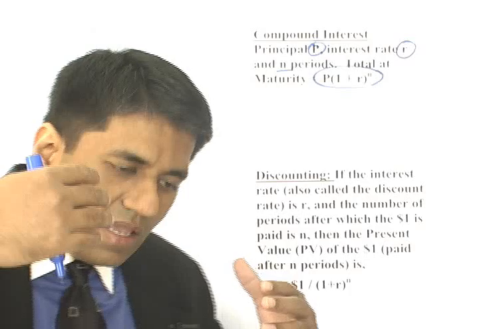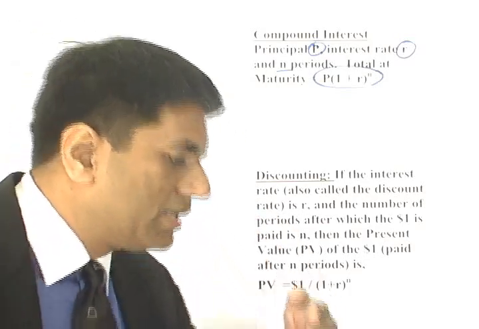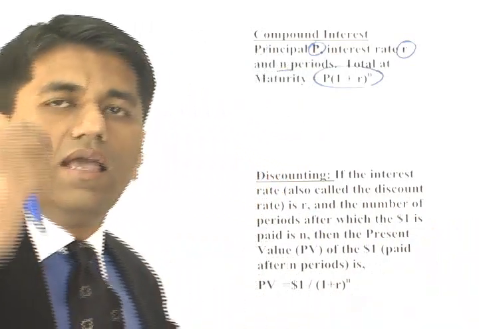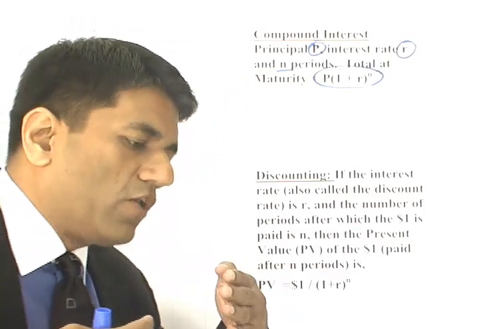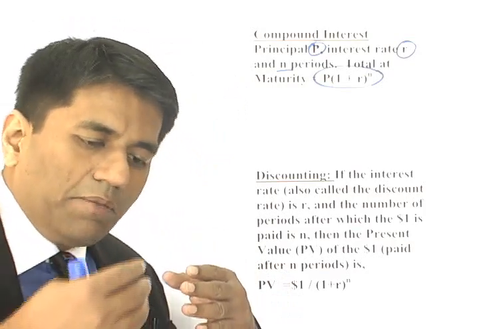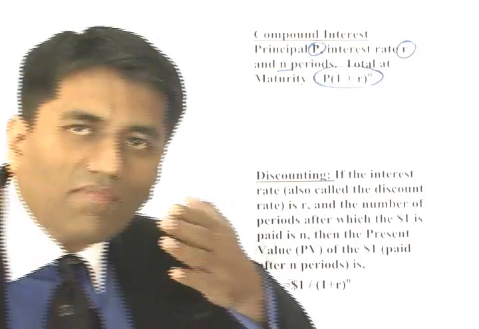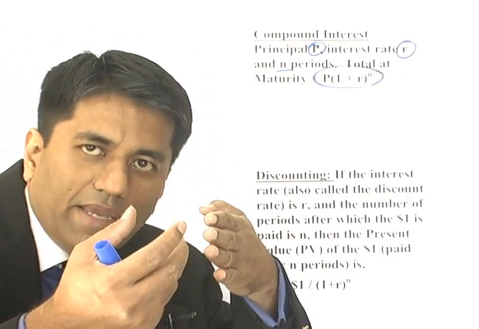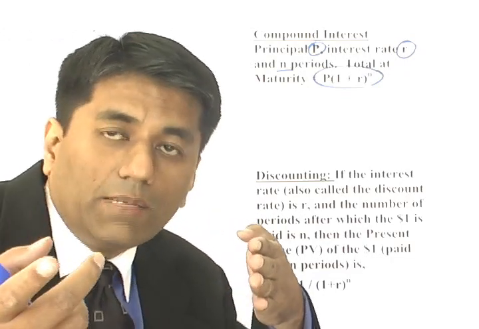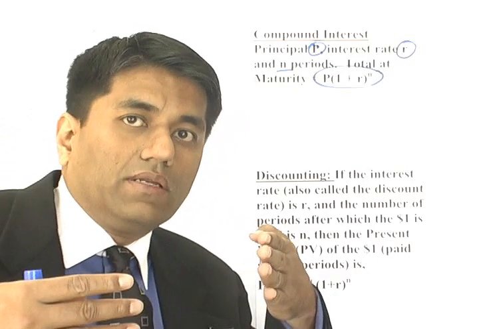you have the money starting with P, moving forward one period, then one more period, then one more period. And in the first period, when you move forward, the P becomes P into 1 plus R. Now this P into 1 plus R becomes the starting point for the next period.